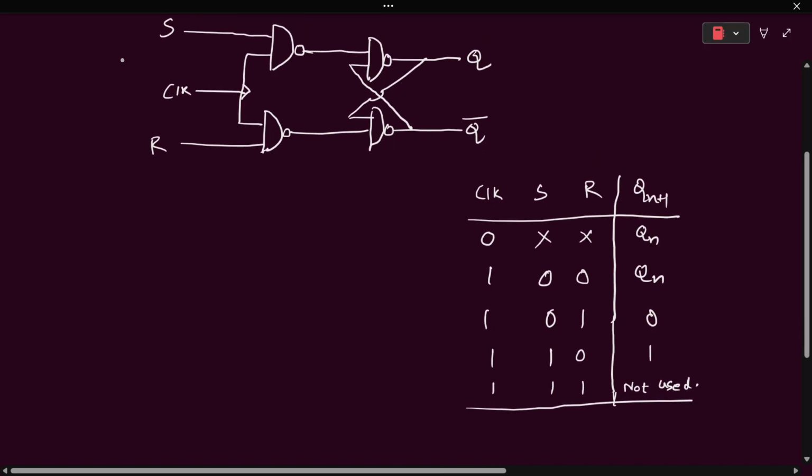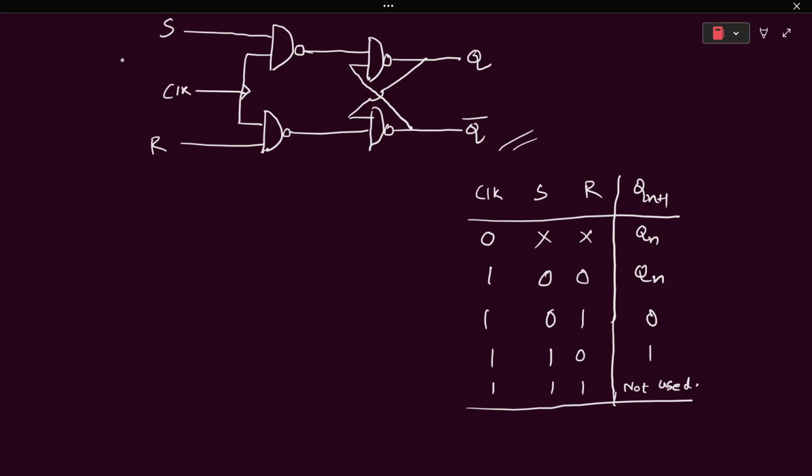So this is the circuit diagram of an SR flip-flop, and this is the truth table in terms of next state and previous state or present state, whatever you may prefer for your convenience. This is the memory sort of nomenclature you write for your convenience. Yeah, this is a not used state, or anything you may use for understanding purposes.